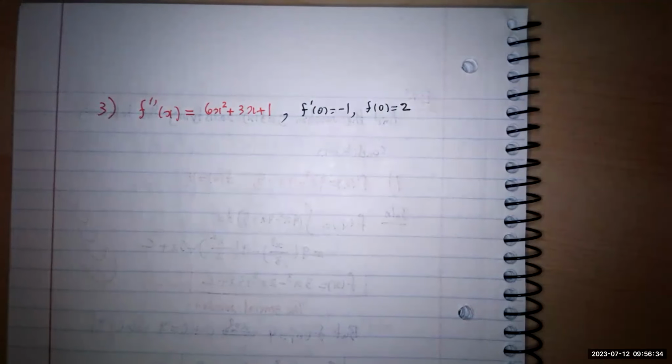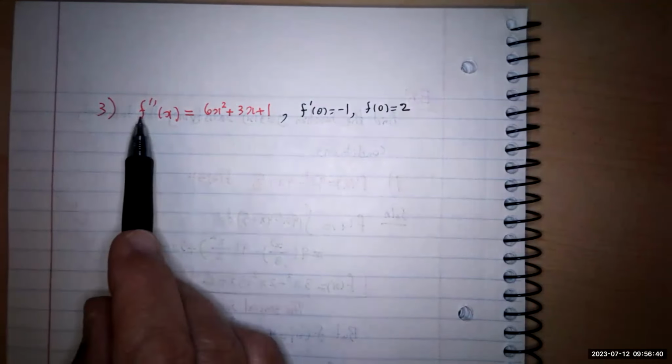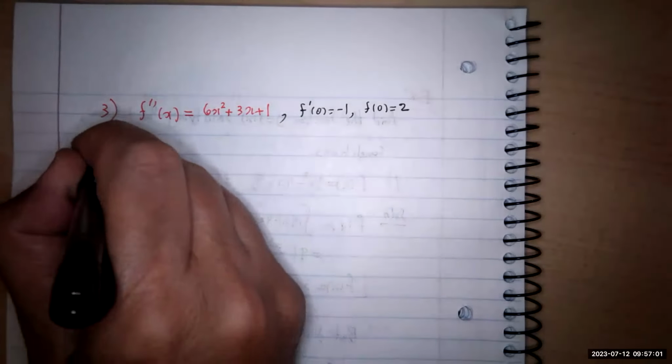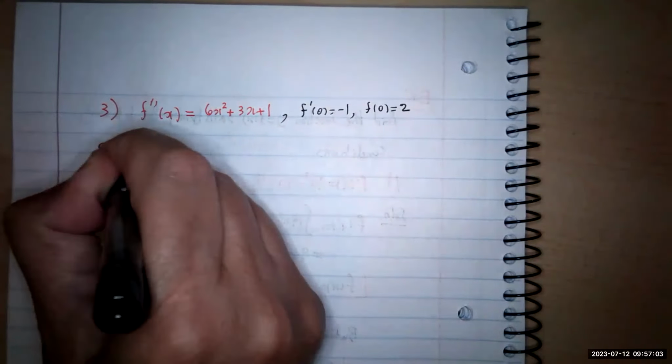Now, you have to do it in 2 steps. You integrate it once. This is f double prime. That takes you to f prime. From the acceleration, you go to the velocity. Then you integrate it again. That takes you to f of x. So the solution is going to be, you integrate once.